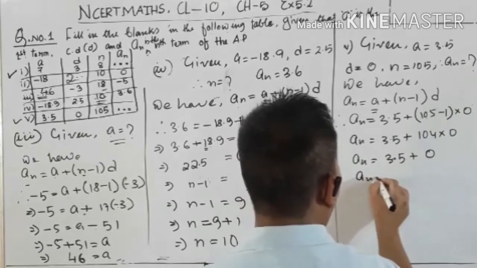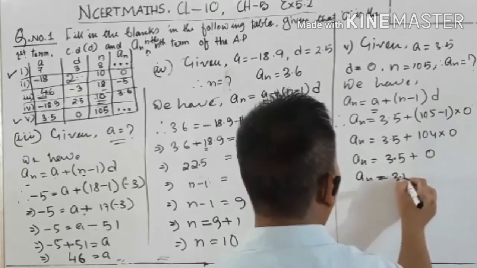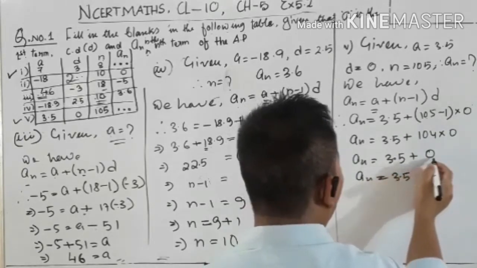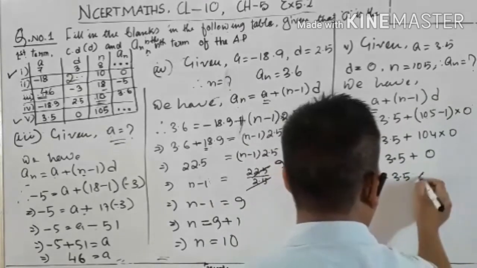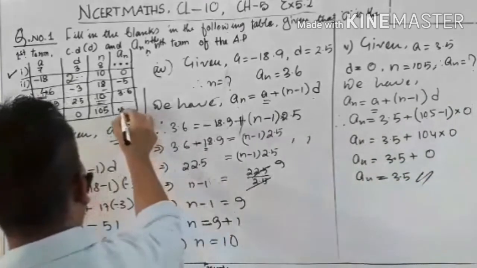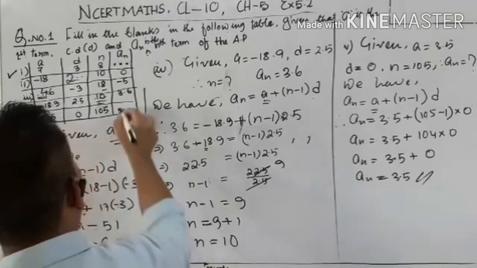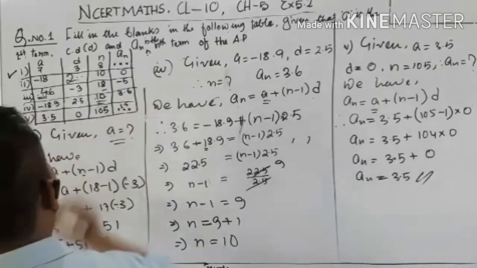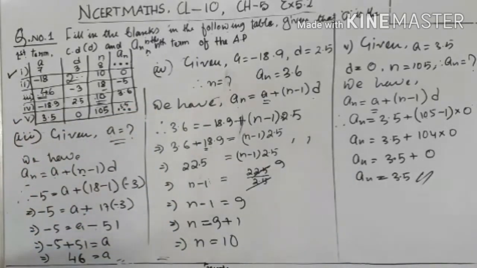So a_n equals 3.5 plus 0, that is 3.5, right? This is the answer. The nth term will be 3.5.